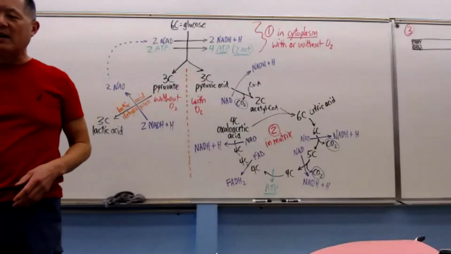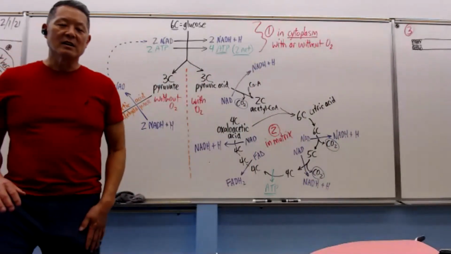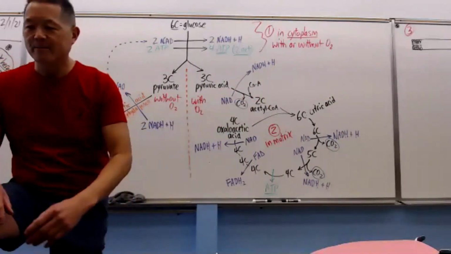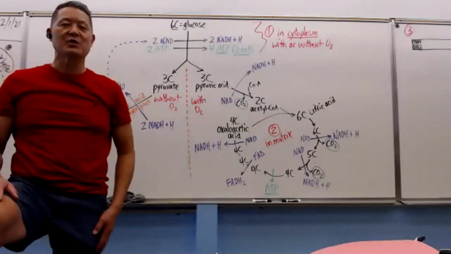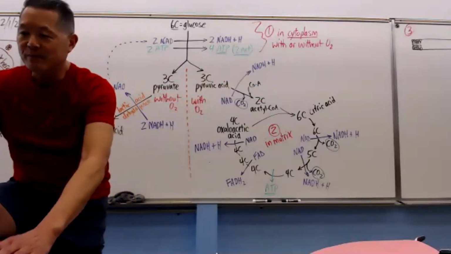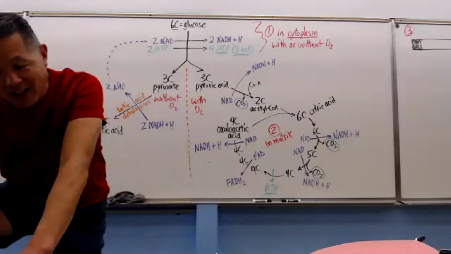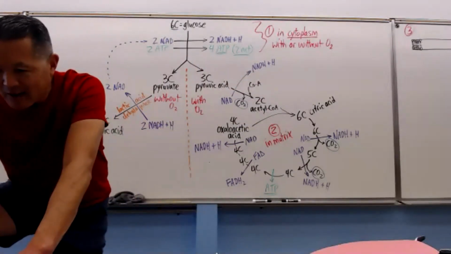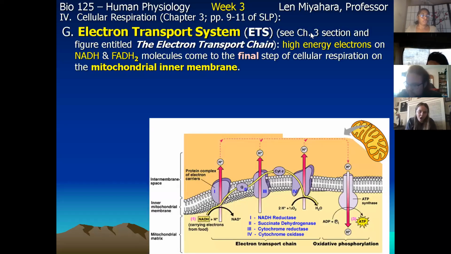When you're done with the Krebs cycle, all the carbons of glucose are now carbon dioxide. And when trillions of cells are doing that, that's why when you exhale, it's pretty thick in carbon dioxide. So if there's no carbons left, how do we make more ATPs?